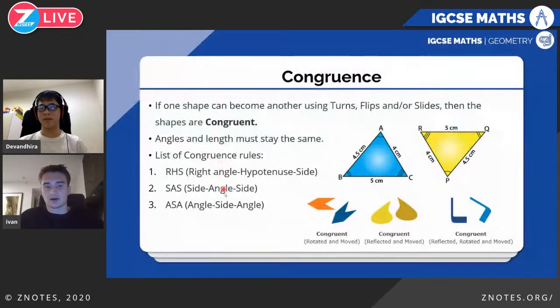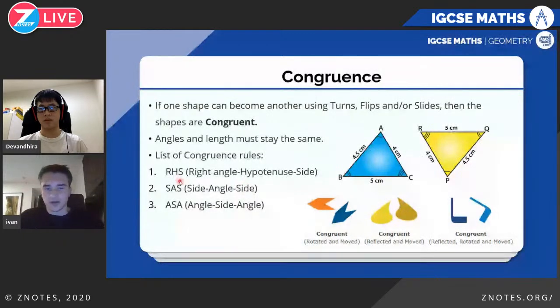and there are rules to make sure that they are. SAS: you have two sides and the angle between them, and that would mean the triangle is congruent to the other triangle. This right here, 4.5, and identify them, then you know it's congruent.